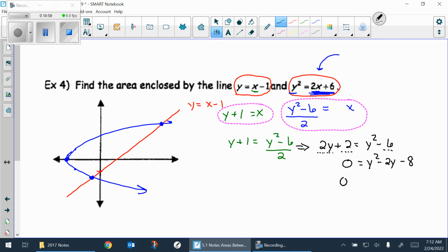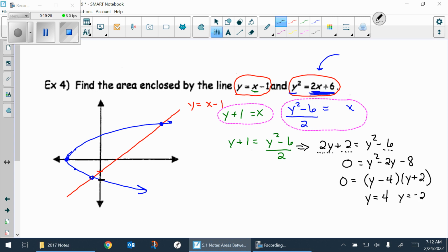So 0 is equal to y minus 4 and y plus 2. So when y equals 4, these things are going to intersect, or when y equals -2, these things are going to intersect.